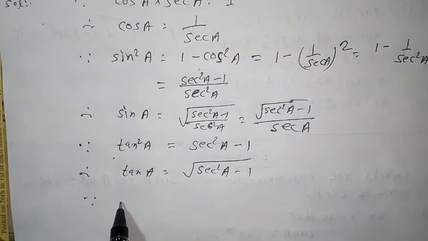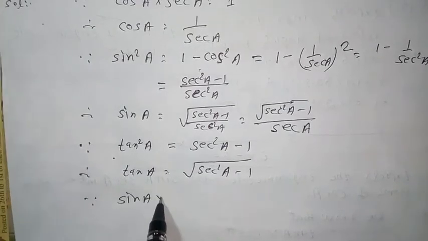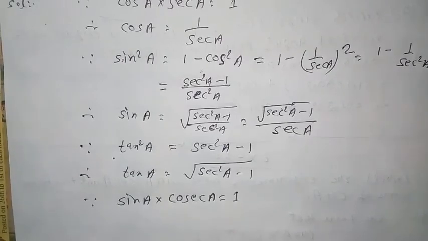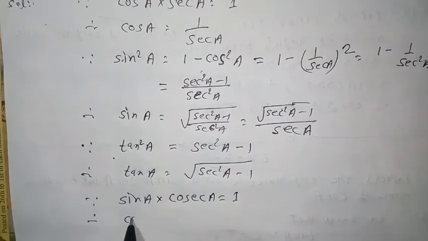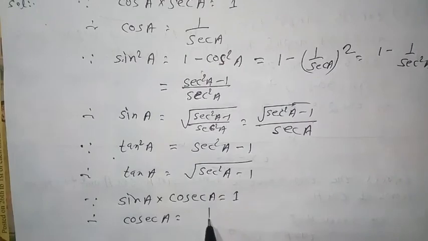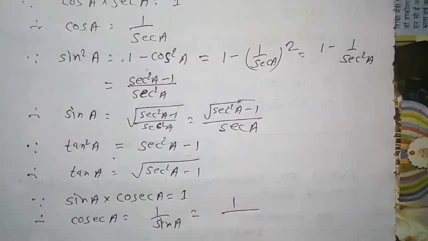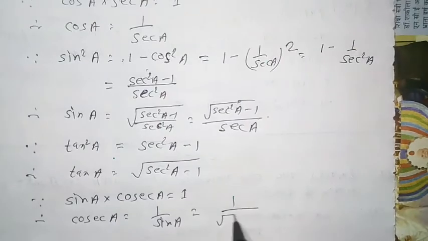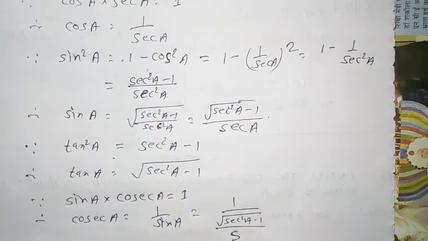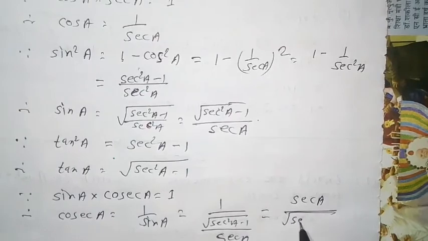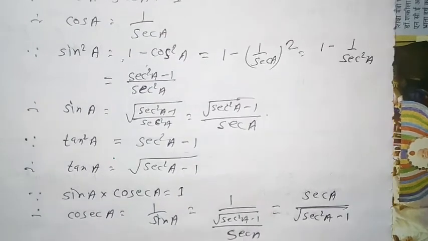Because sin A into cosec A is equal to 1, therefore cosec A is equal to 1 by sin A, is equal to 1 by the value of sin A, root under sec square A minus 1 by sec A, is equal to sec A by root under sec square A minus 1.